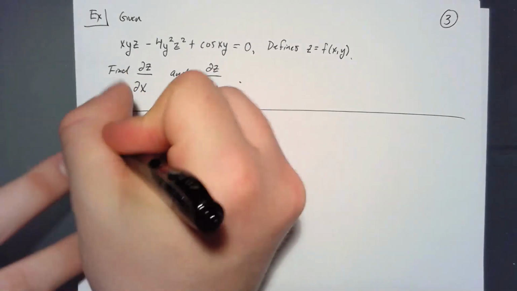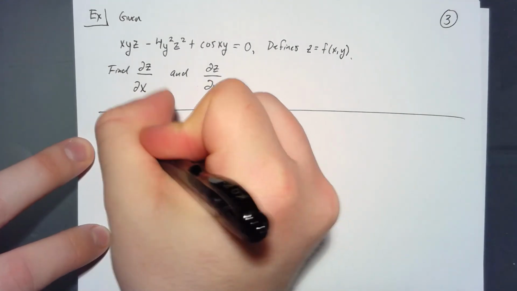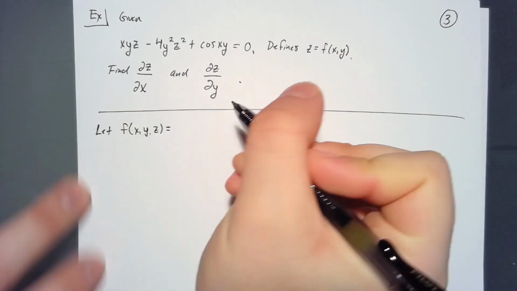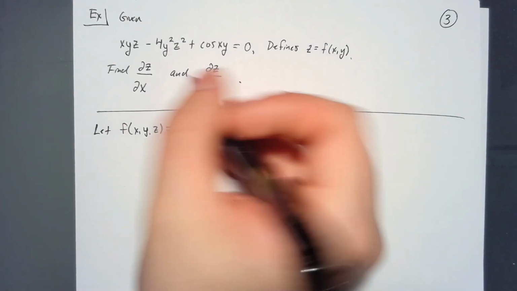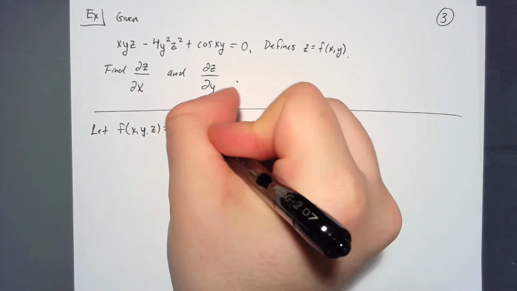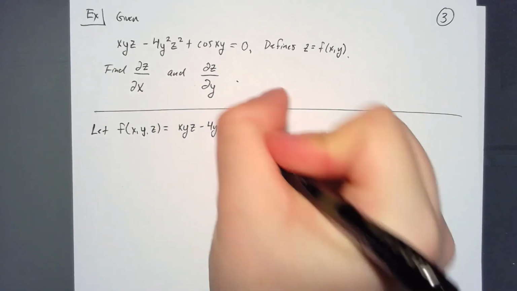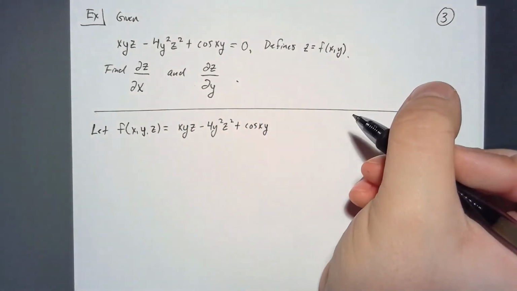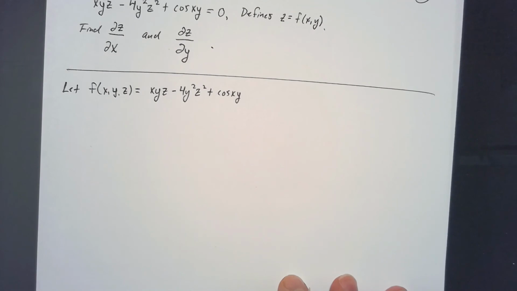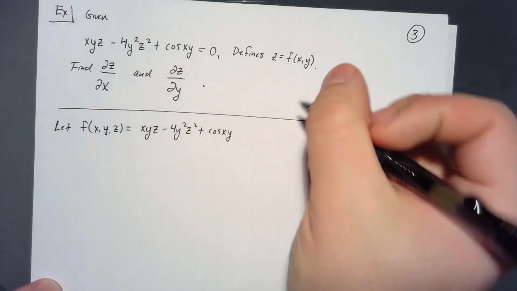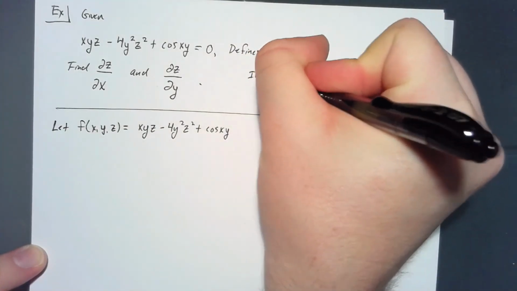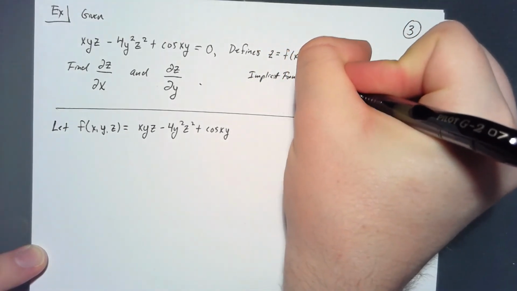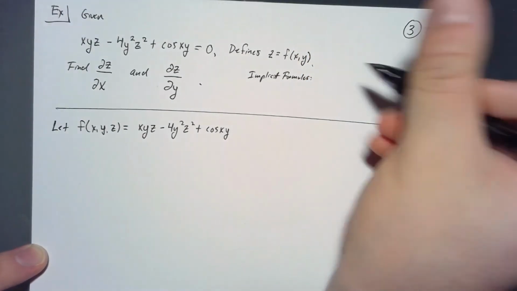So I'm going to let f as a function of x, y, and z be equal to this function. So I have x times y times z minus 4y squared z squared plus cosine xy. Now to find each one of these, you just use your implicit formulas, right?